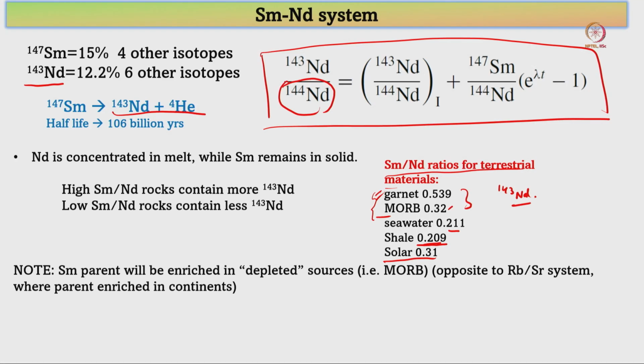This is our decay equation for dating. MORB, our more mantle derived material, is getting accreted here, coming out from all these mid oceanic ridges. They are going to have much higher 143 neodymium concentrations or radiogenic signatures.